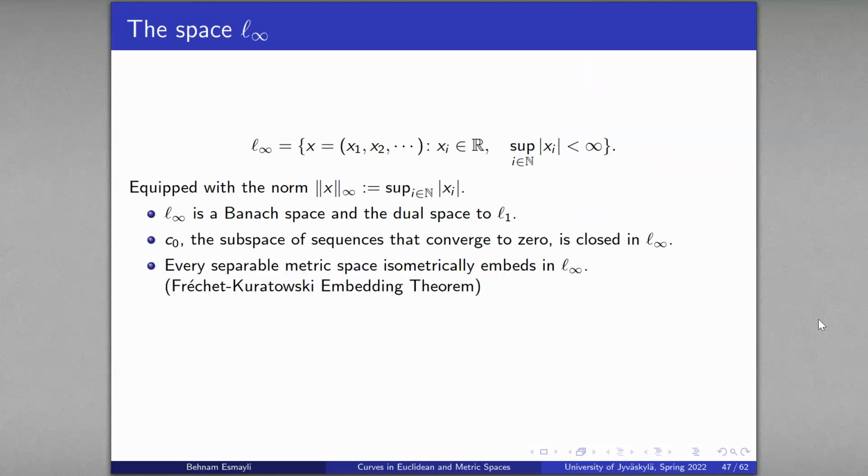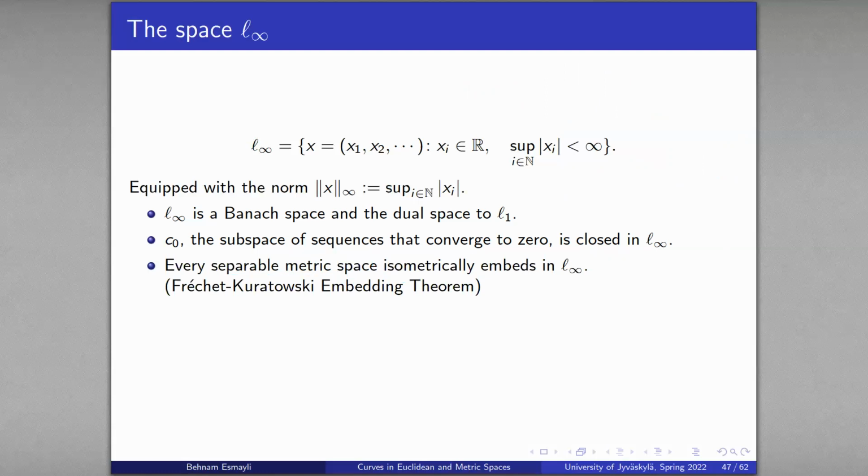Another very important thing about this L infinity is that it is so large that every separable metric space has a copy of it inside L infinity. And that copy is exactly a copy because it's an isometry. And a metric space has nothing other than its metric. So when you isometrically embed it in L infinity, you preserve every single structure on this space.